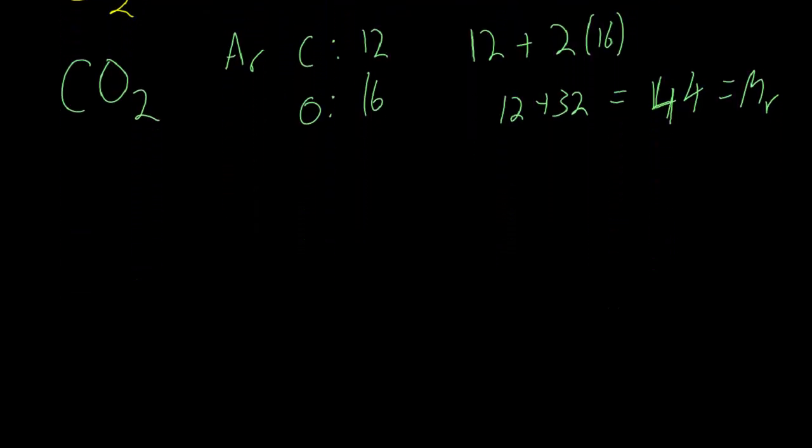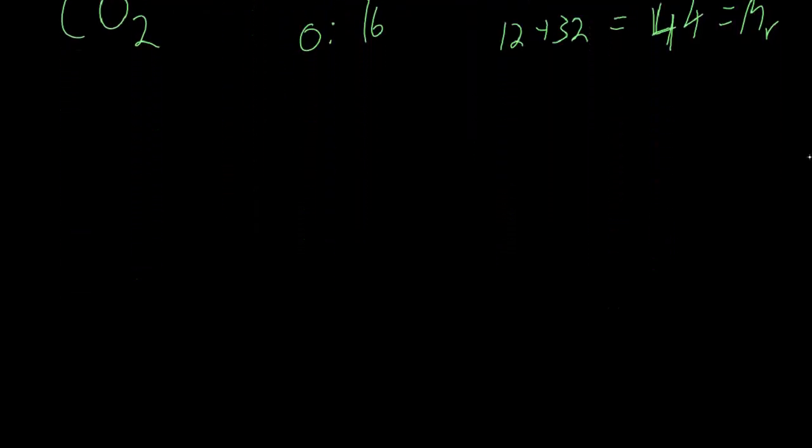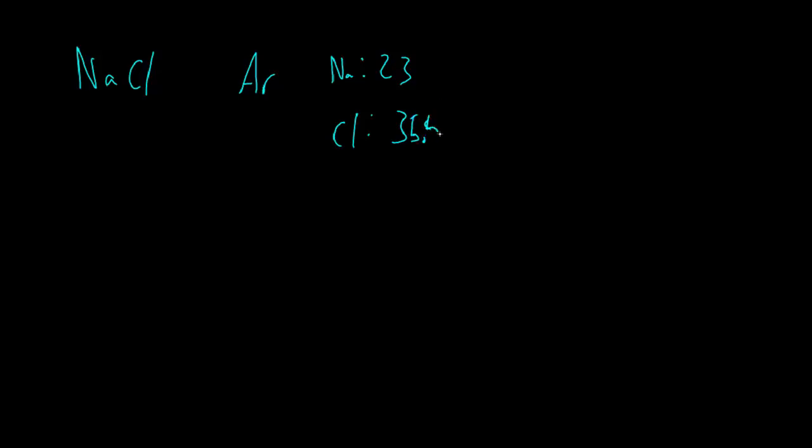Now lastly, something which is less obvious, because if you remember, ionic substances do not contain molecules. But our formula mass, and that's why it's a formula mass and not just a molecular mass, is going to be the simplest ratio, and we pretend that it's a molecule so we can give it a mass. So if we had sodium chloride, NaCl, the atomic mass of sodium is around 23 and chlorine is around 35.5.